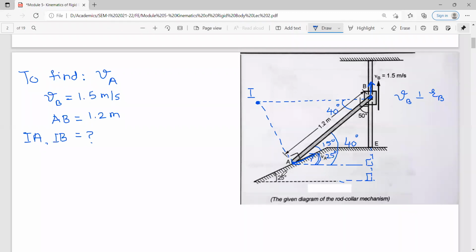This is 25, so this will also be 25, because this line and this line are parallel lines. So this angle is 25, total is 40 degrees, so the remaining angle between the rod and the inclined plane is 15 degrees. Agreed? Are you getting it?